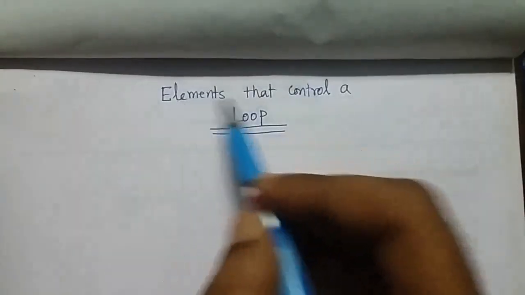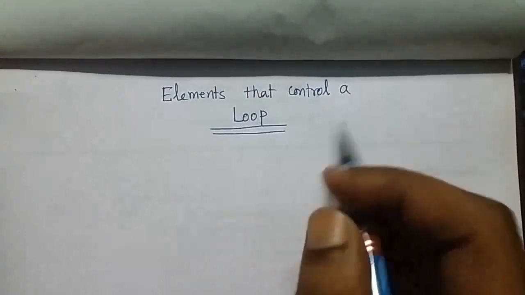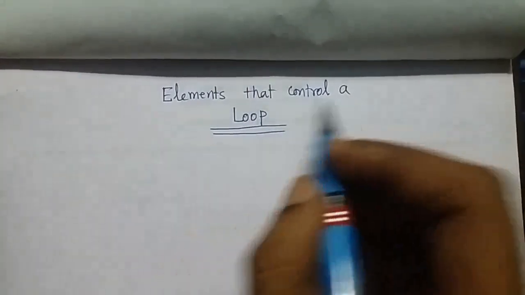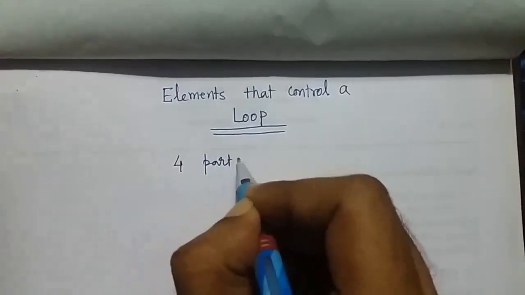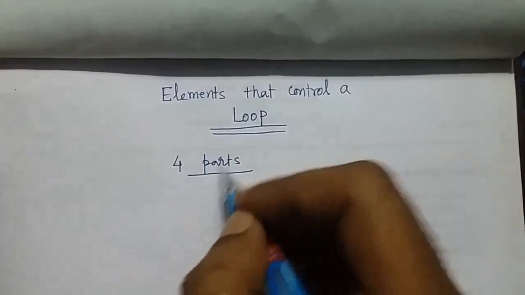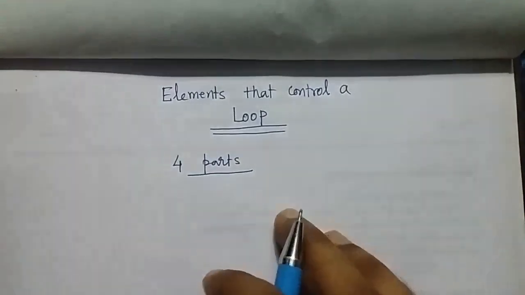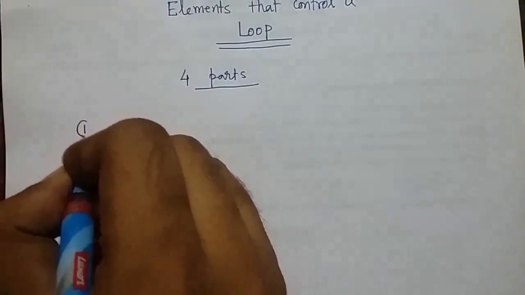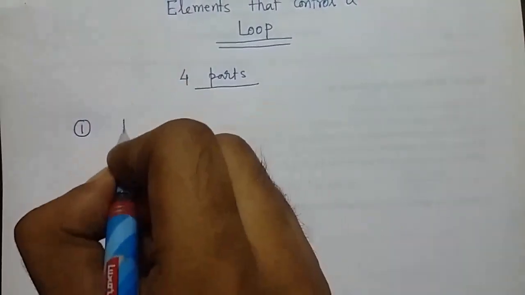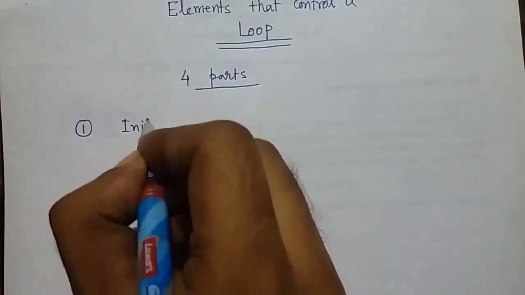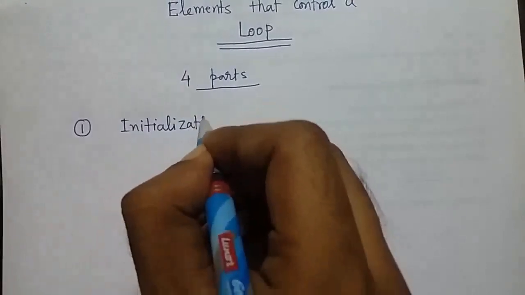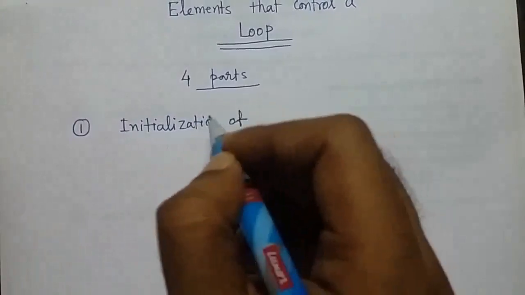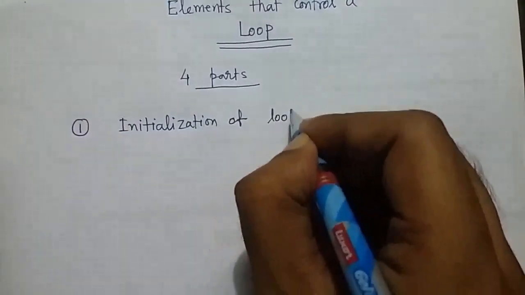Now we will discuss the elements that control a loop. A looping structure contains 4 parts or elements, and we will discuss them one by one. So the first one is initialization of loop control variable.